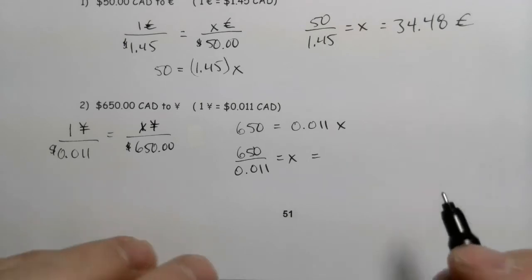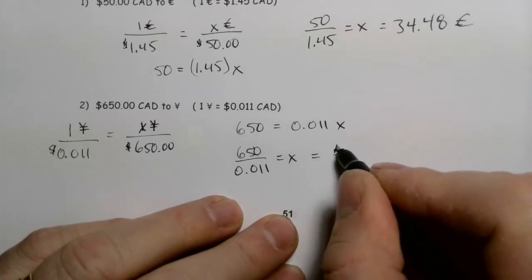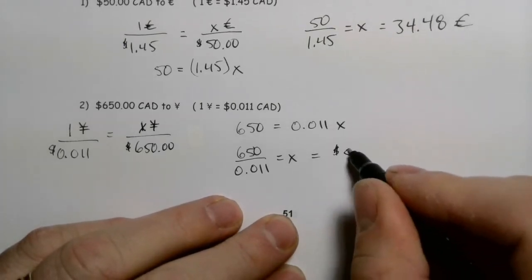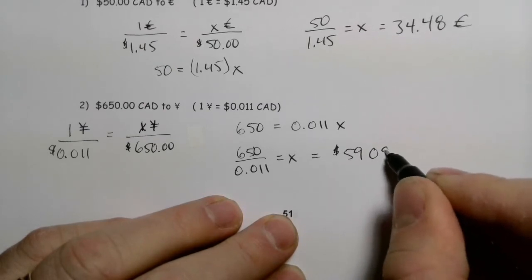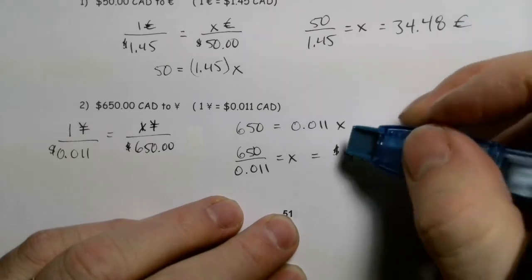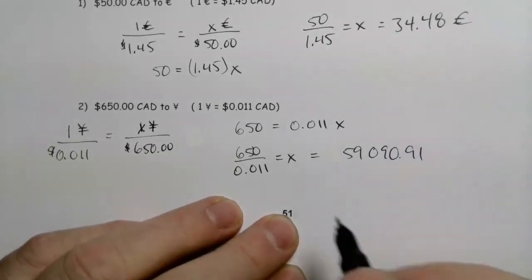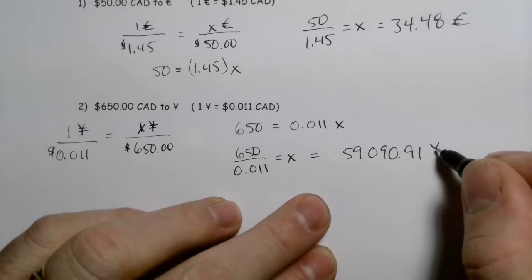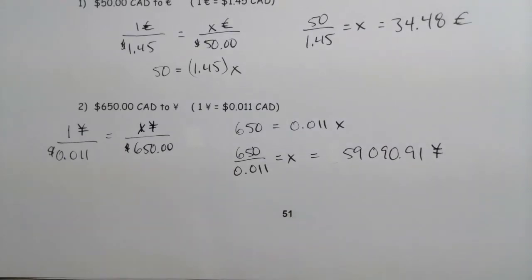And I've got on my calculator, when I do that, I am going to get 59,090.91, oops, not dollars, yen. It's just so easy to be working with dollars there. Yen. Okay?